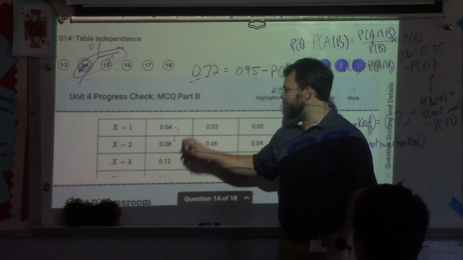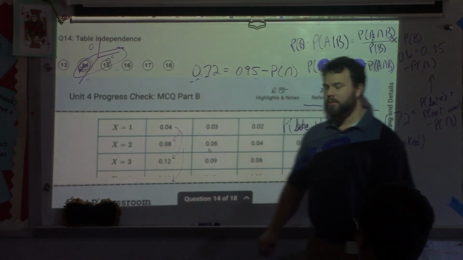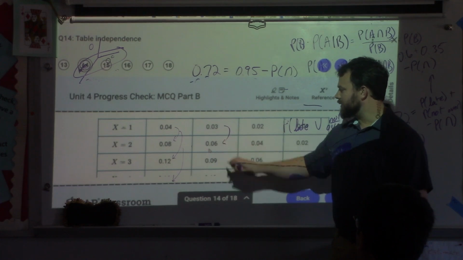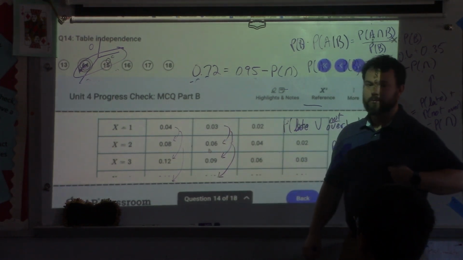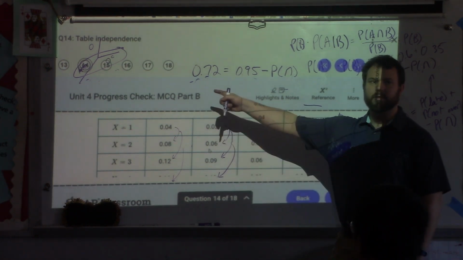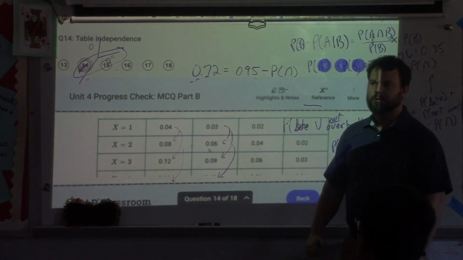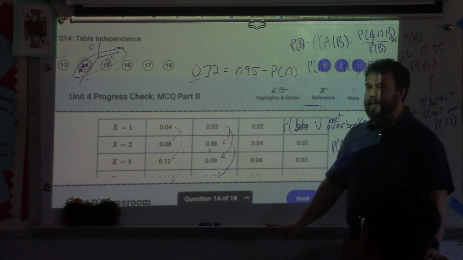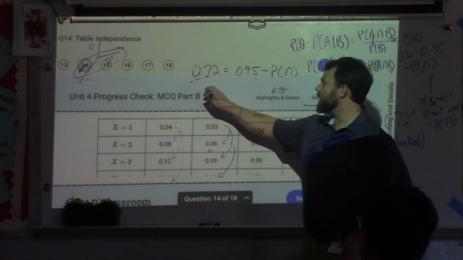It's doubling, tripling, and then it quadruples to get to here. It doubles, it triples, and then it quadruples. So does it matter if it's y equals 1 or 2 or 3 or 4? So those events are what? Independent.